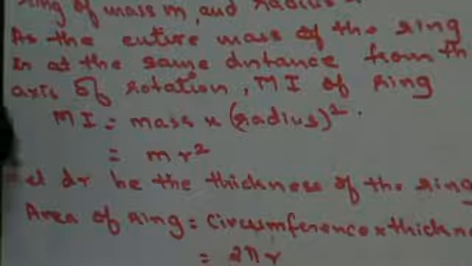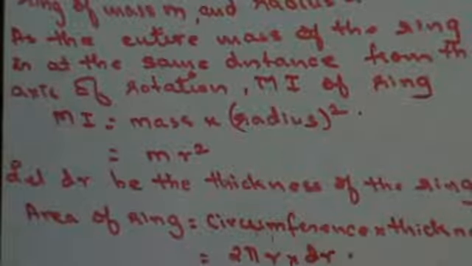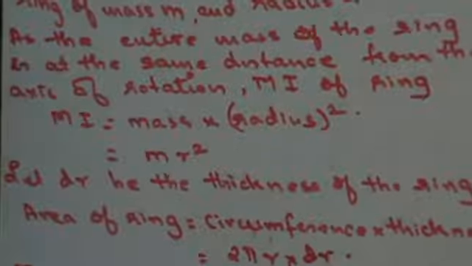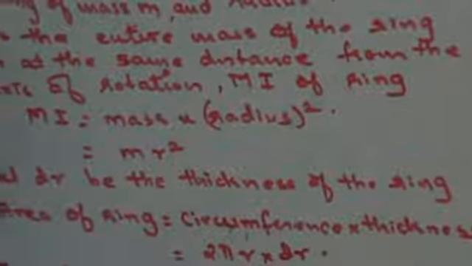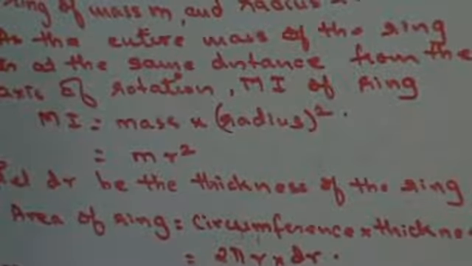Circumference is nothing but 2 pi r, thickness is nothing but dr, right? In that case, what will be the mass of the ring? Mass of the ring is mass per unit area into the area. Area is nothing but 2 pi r into dr, right?